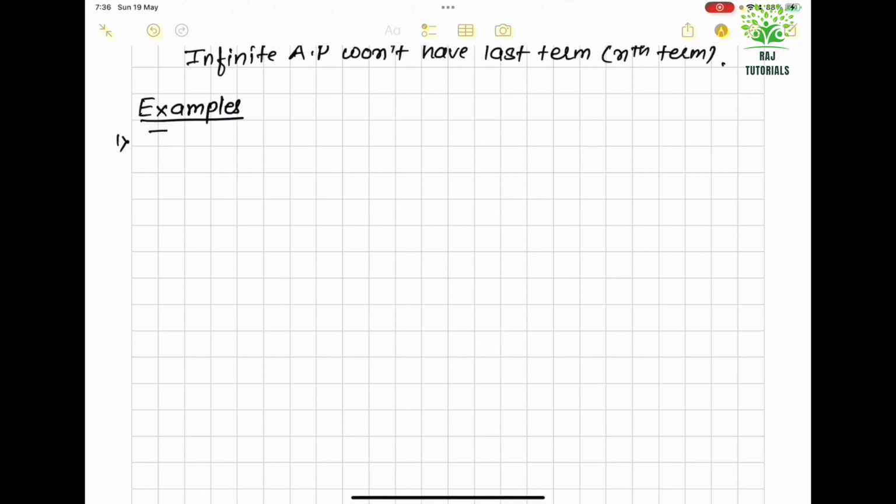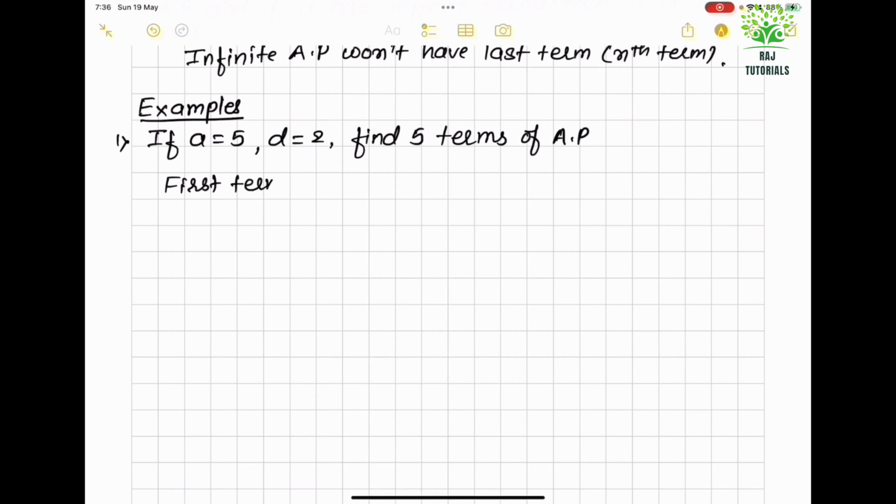Now suppose I am given A equal to 5, D equal to 2, find 5 terms of the AP. So see, what was the AP? The general form A plus D, A plus 2D, A plus 3D, A plus 4D. So here the first term will be A, that is 5.